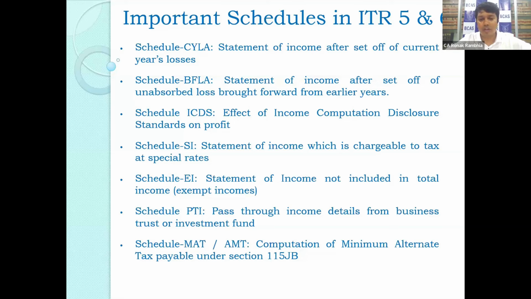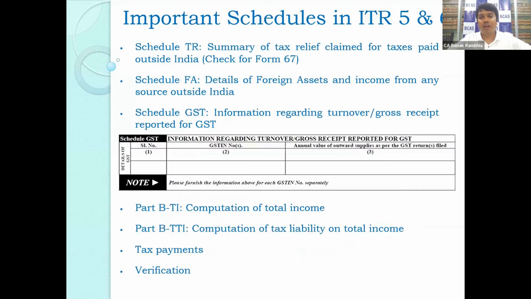You have the schedule MAT and AMT, which is the computation of minimum alternative tax if you are still in the old regime, under section 115JB. Another important schedule is schedule TR, which is where you have to claim the foreign tax credit in your tax return.